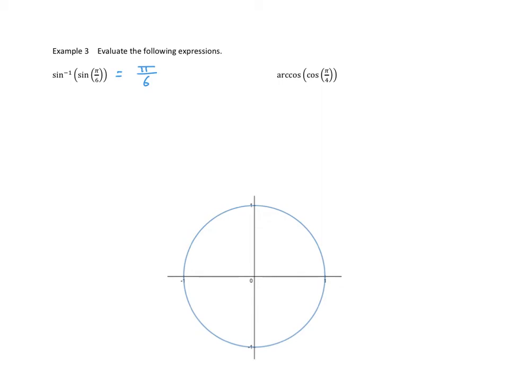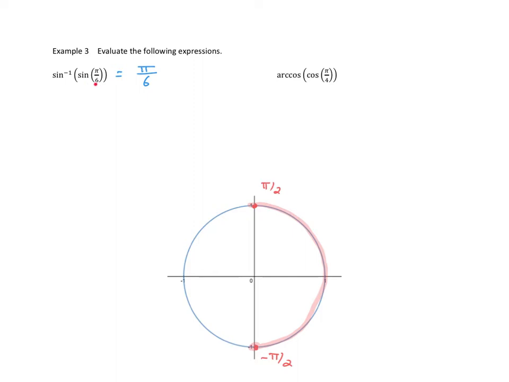But let's reason it out, again, referring to the unit circle down here. Okay, since sine uses the angles that go from negative pi over 2 to pi over 2. All right, great. So for starters, this is a little bit backwards.